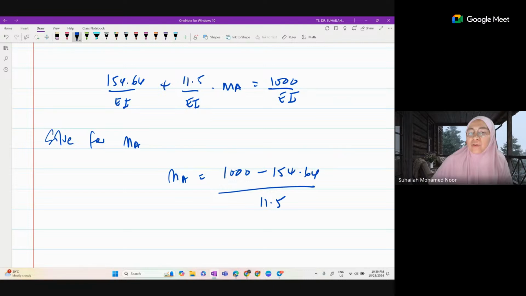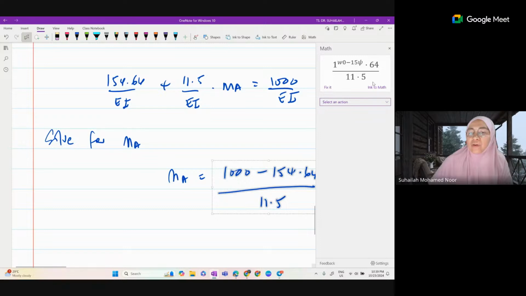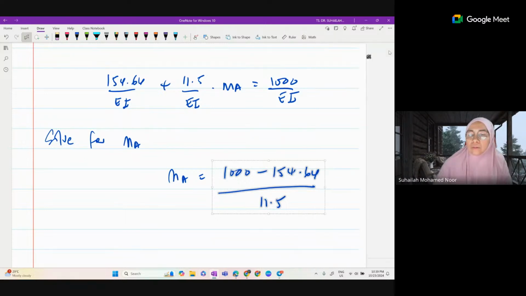154.64. What is the answer? Dia tak cantik, dia tak boleh detect. Berapa jawapan? Okay, 1000 minus 154.64 divide by 11.5.